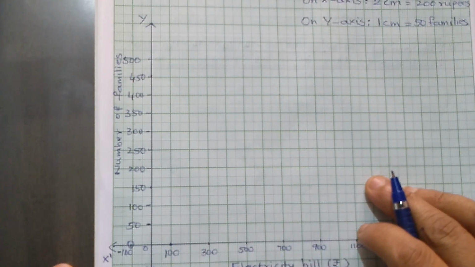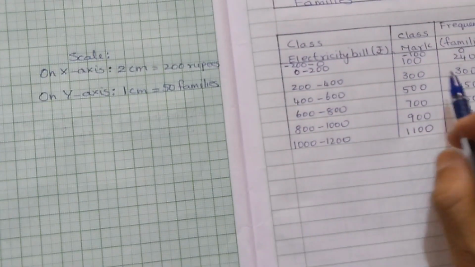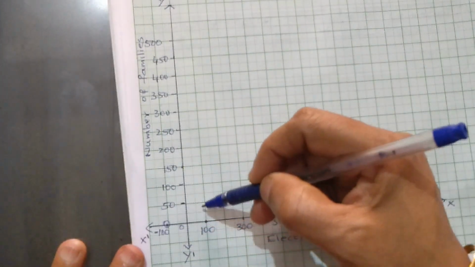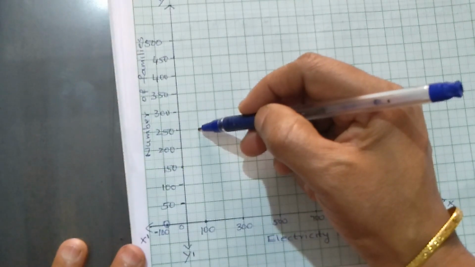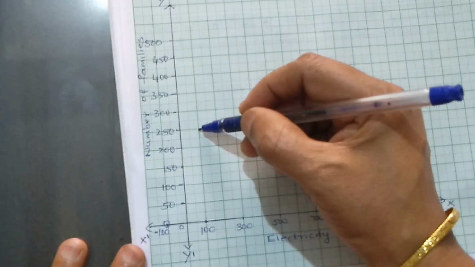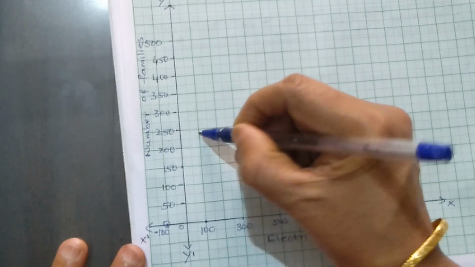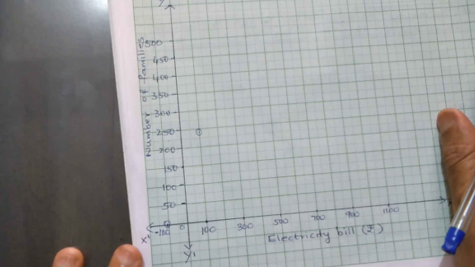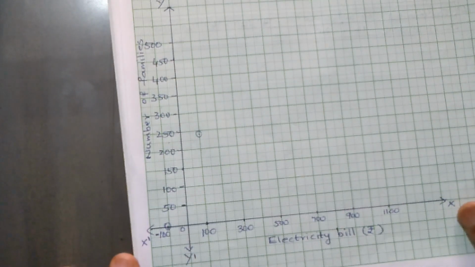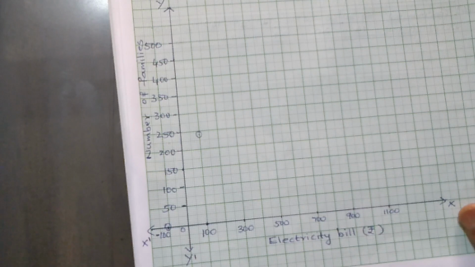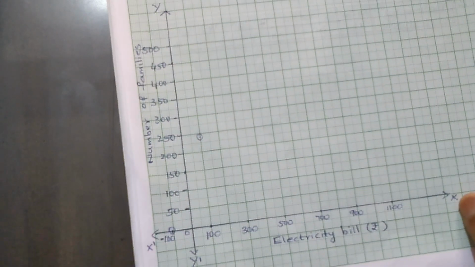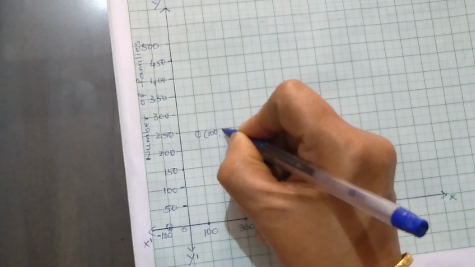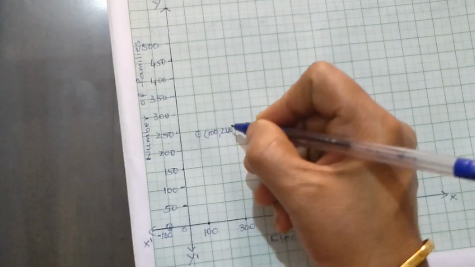Next one is 100 and 240. 250 is here, so 240 will be just below that. So here will be 240. Write down the coordinates over there, 100 and 240.